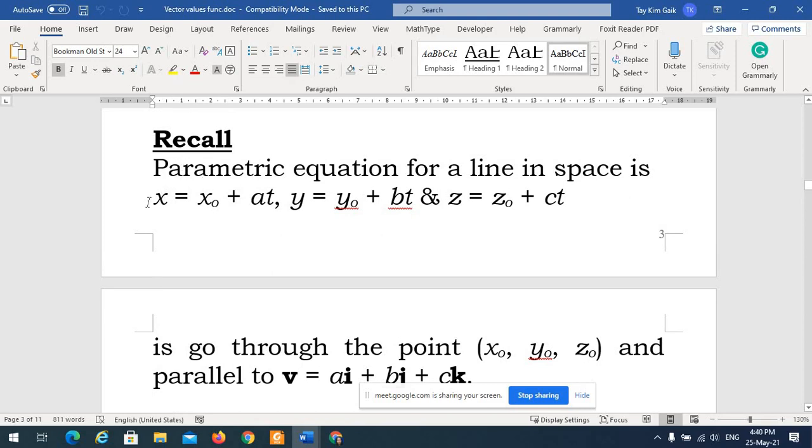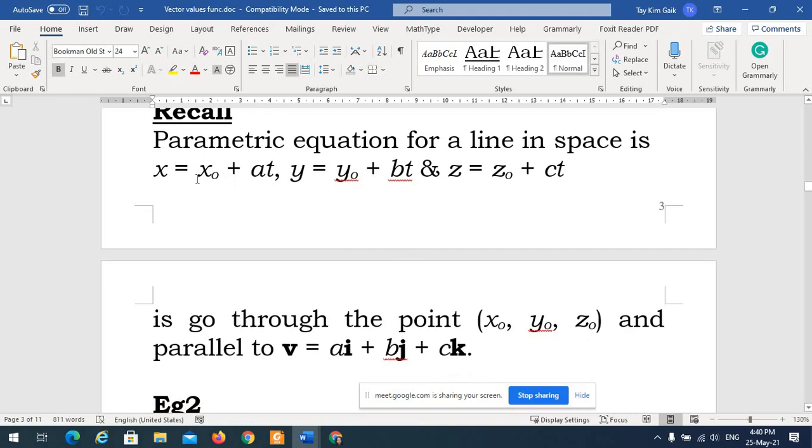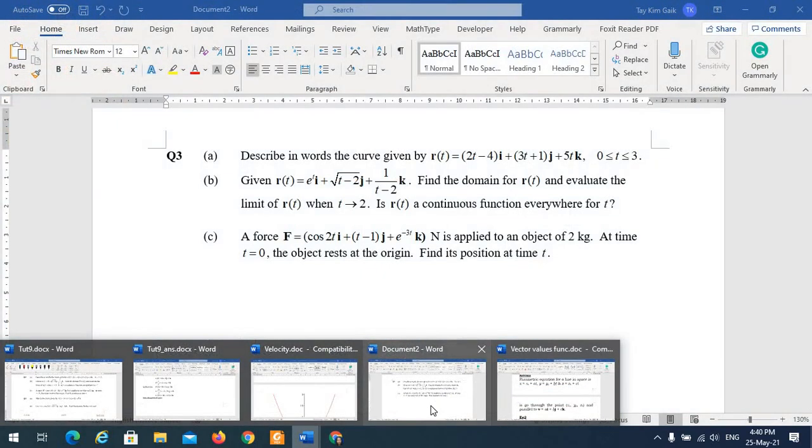When you look at this parametric equation, x equals x naught plus at, y equals y naught plus bt, z equals z naught plus ct, this is a straight line in 3-space, passing through the point (x naught, y naught, z naught), and this straight line is parallel with the vector given by ai plus bj plus ck. Exactly the same thing now.